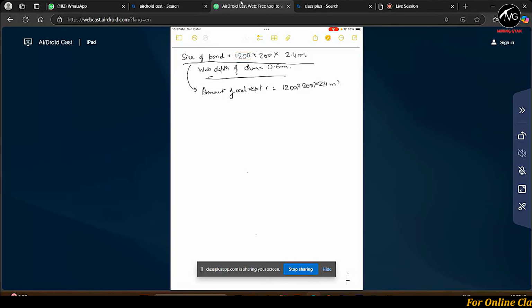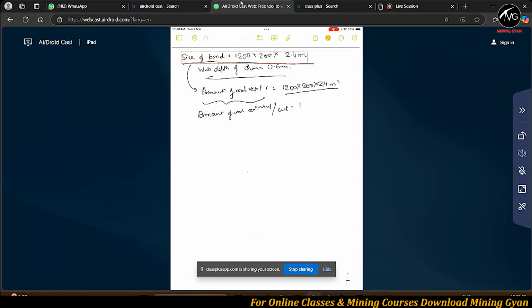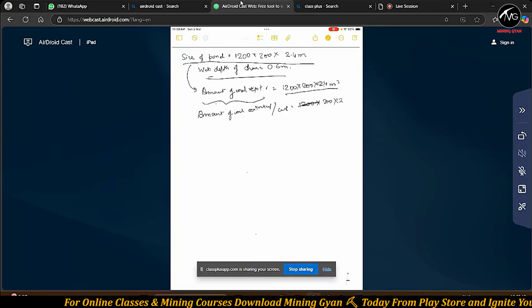Now the amount of coal extracted per cut is 1200 meters, no wait, 200 is the width, 2.4 is the height, and 0.6.